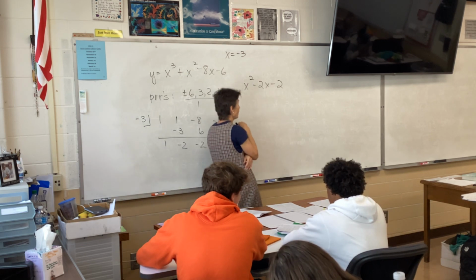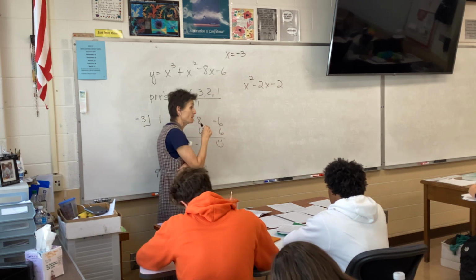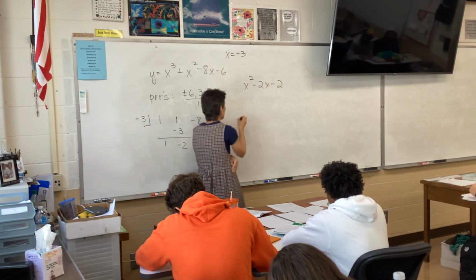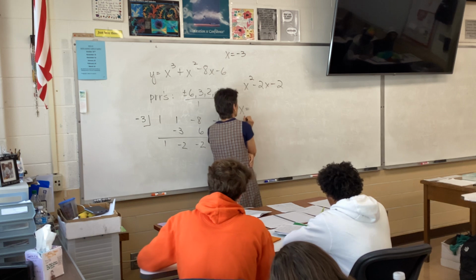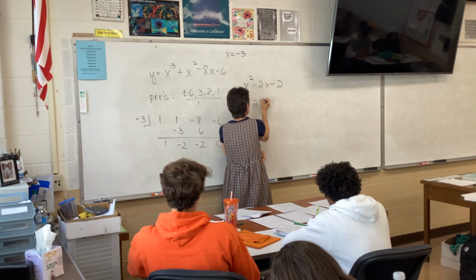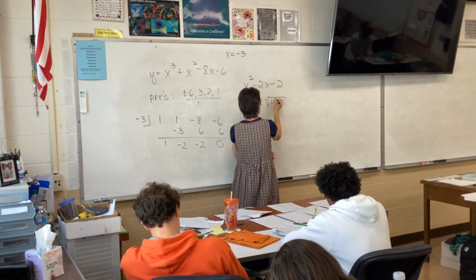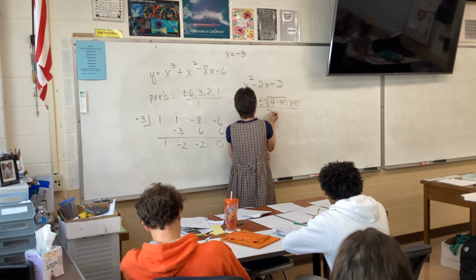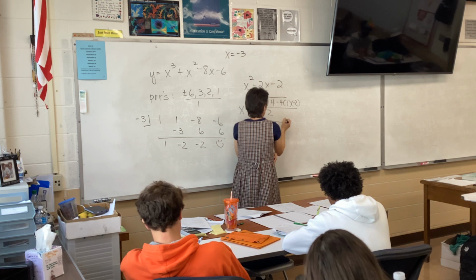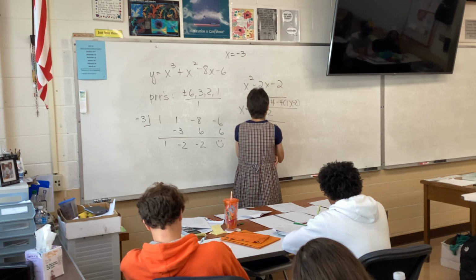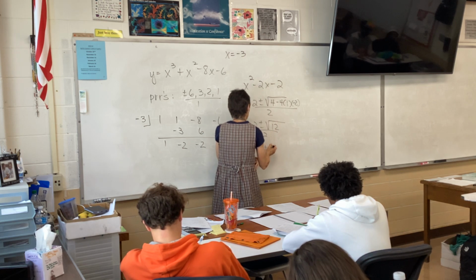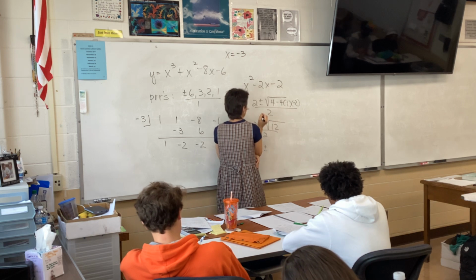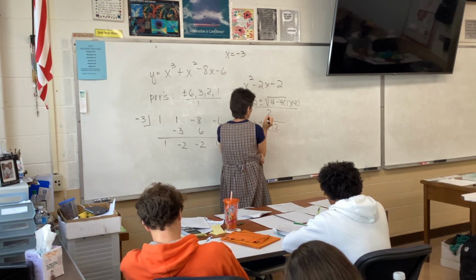Quadratic formula, or complete the square. If you like to complete the square, you can do that, or you can use the quadratic formula. So -b plus or minus the square root of b squared minus 4ac. Keep an eye on my arithmetic, please. I got a discriminant of 12. Is that right? Okay.